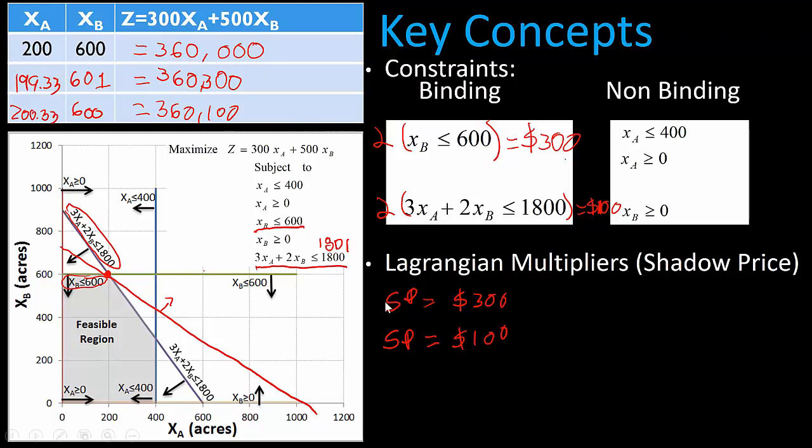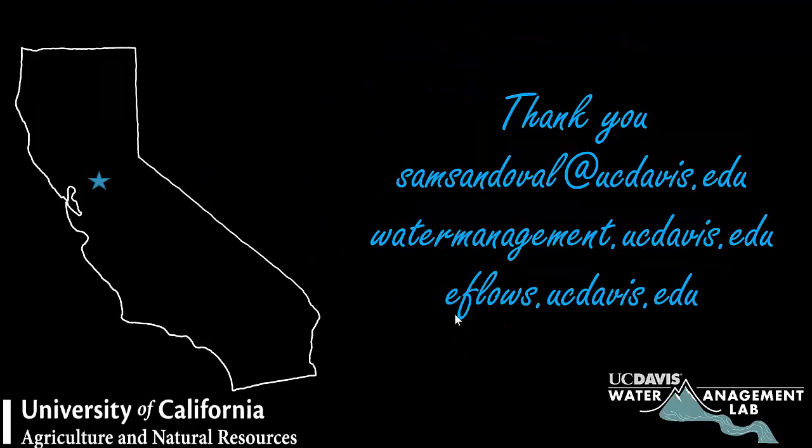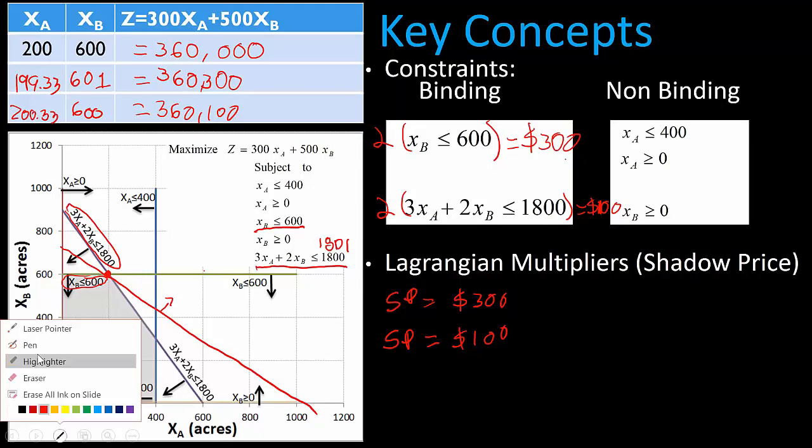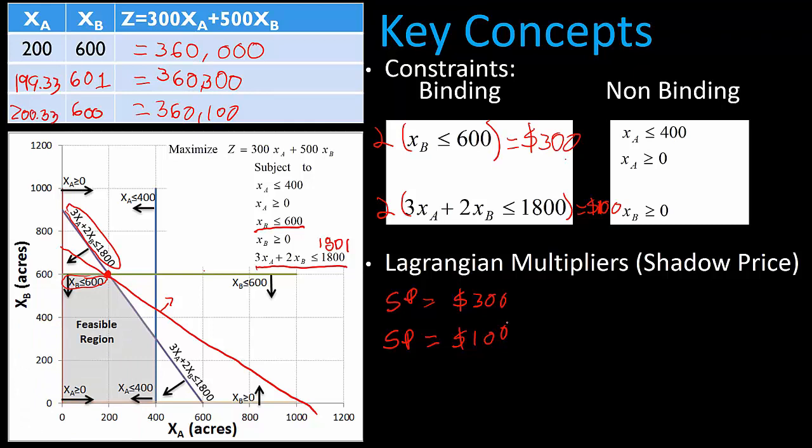In this case, for crop B, which will be this shadow price here, you can actually get $600. Excuse me, $300. So that is for expanding the frontier or the acreage of crop B.